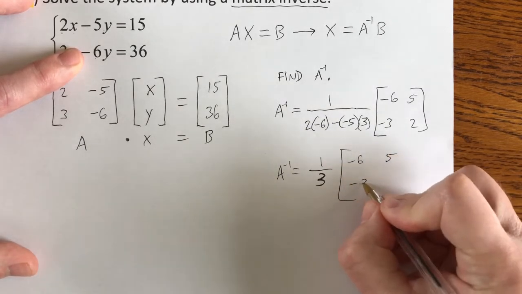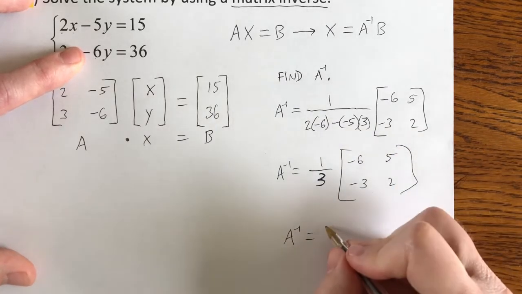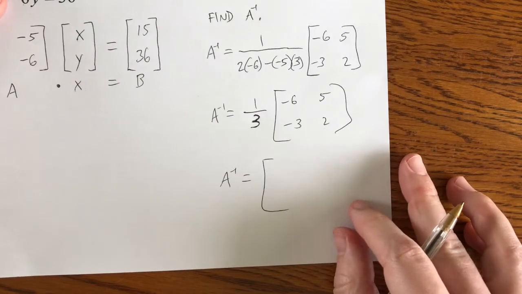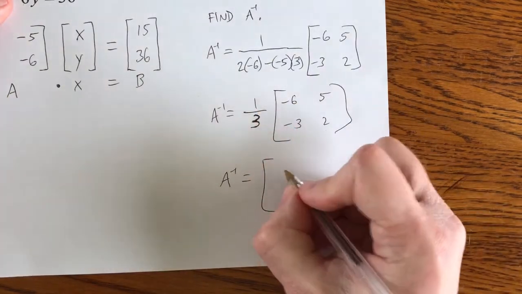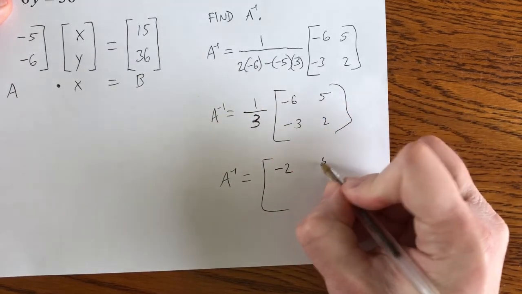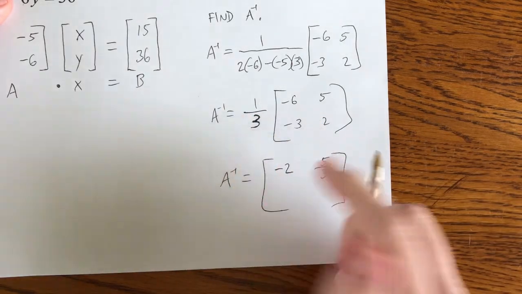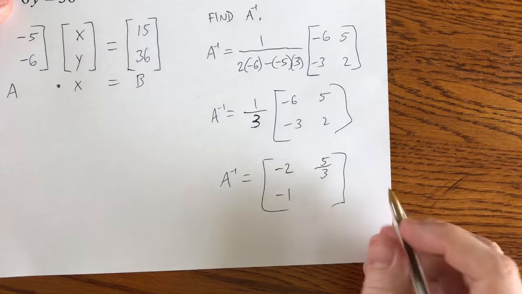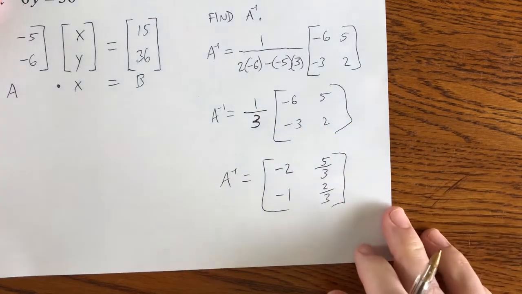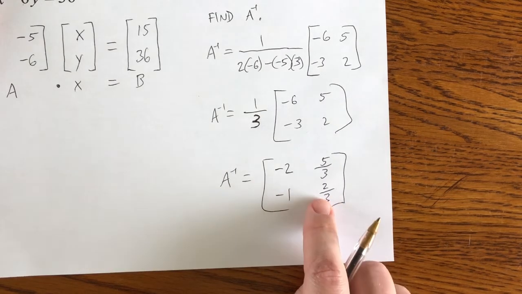We have to multiply it through this matrix, which would ultimately give us the inverse of matrix A as 1/3 times negative 6, negative 2. 1/3 times 5, 5/3. 1/3 times a negative 3, negative 1. 1/3 times 2, 2/3. All right, so now that we have the inverse of matrix A, we're going to rewrite this over here.